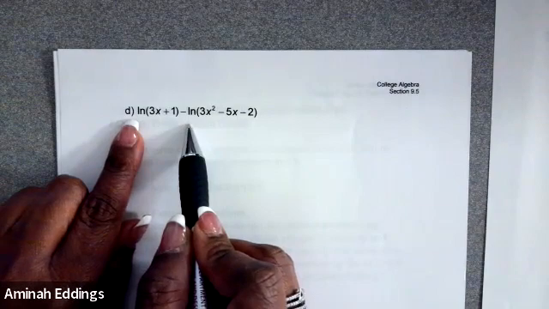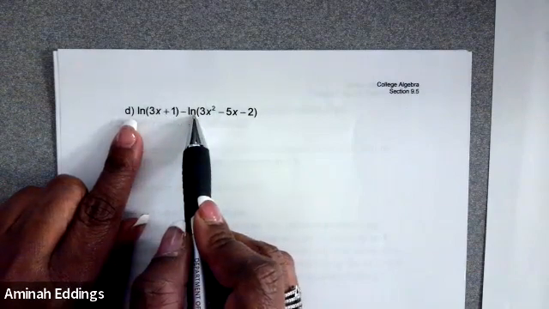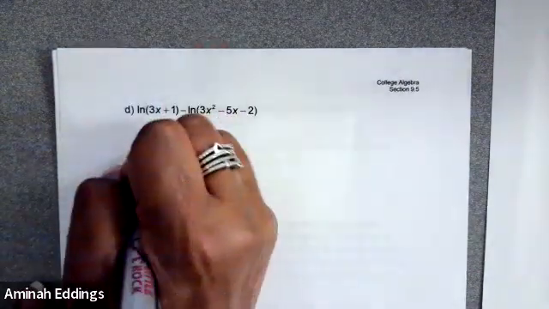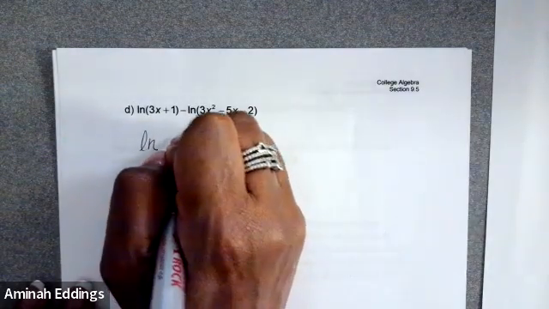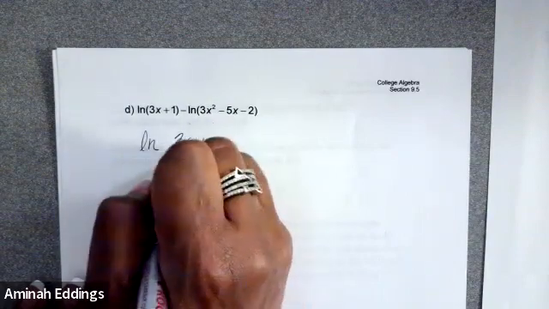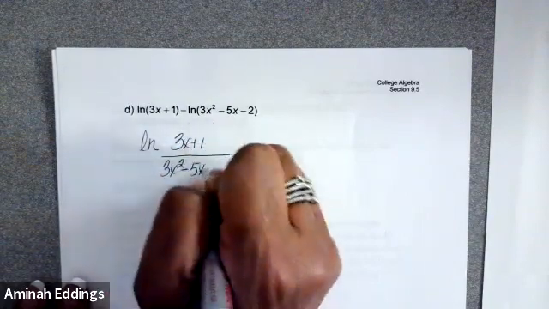When we condense those, they will be condensed into 1, as division. So we write 1 log, and on top we have 3x plus 1 over 3x squared minus 5x minus 2.